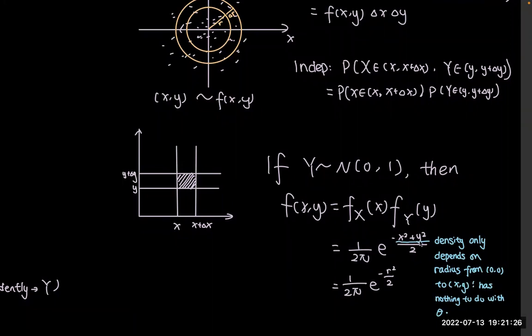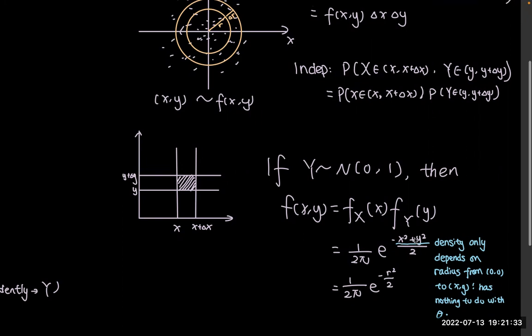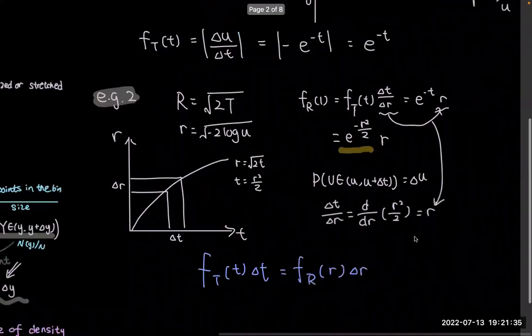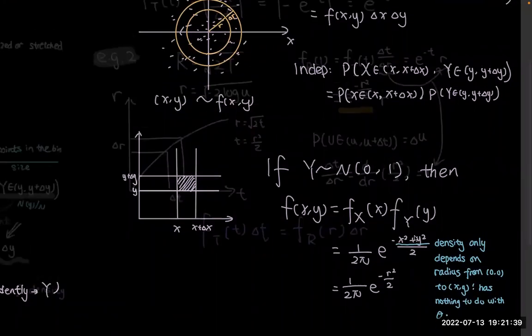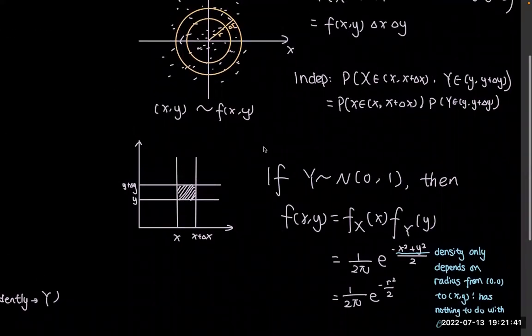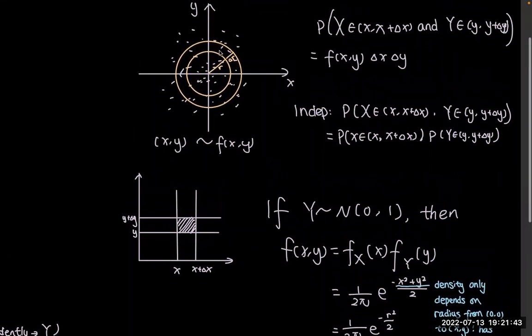Moreover, in this two-dimensional domain, you see this density only depends on x squared plus y squared, which is the squared distance of the point xy from the origin. Suppose xy is here, then x squared plus y squared is r squared, where r is the radius, or the distance between xy and the origin.